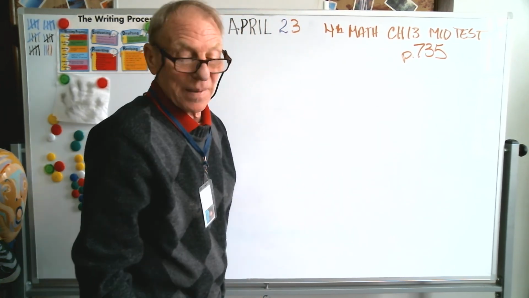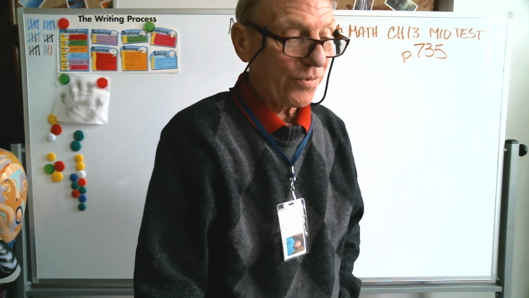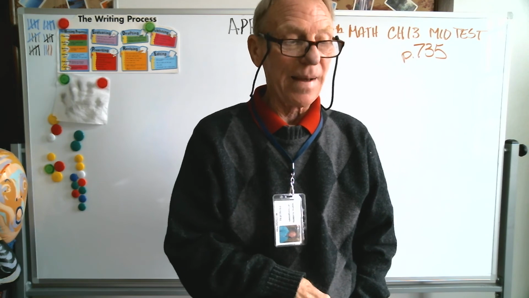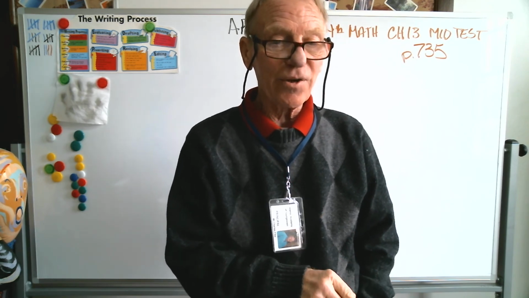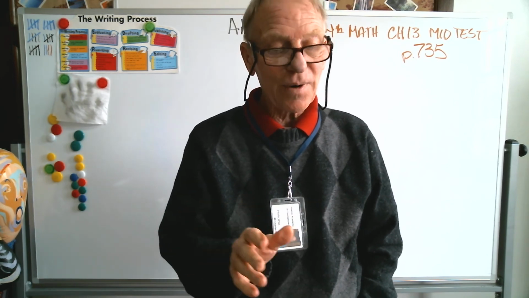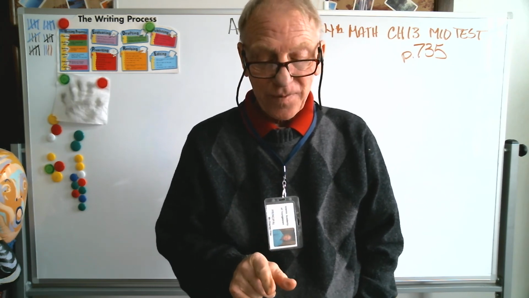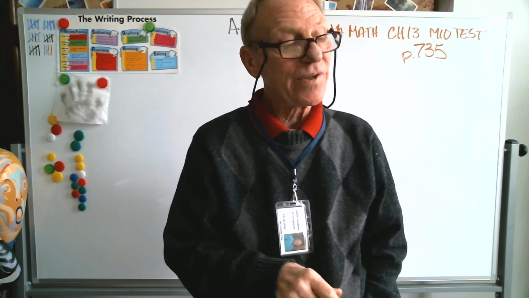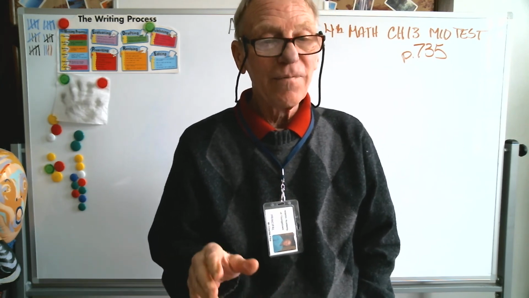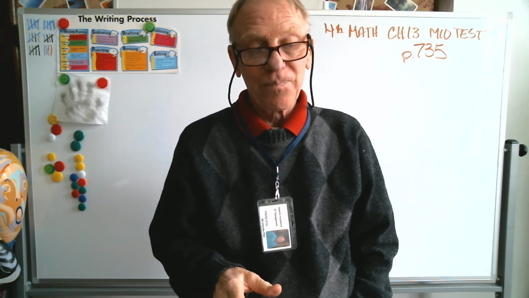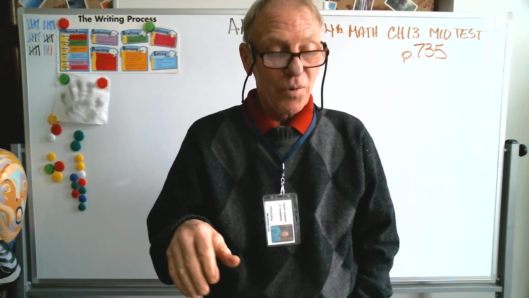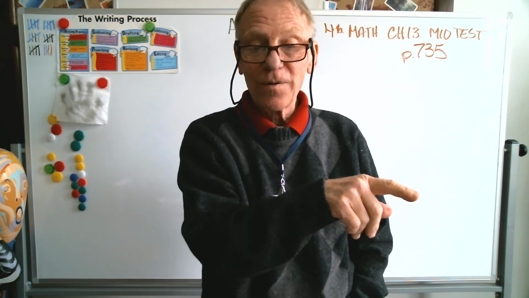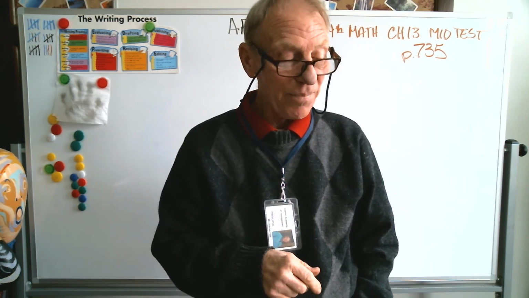challenge yourself a little bit, work through this, and just to let you know, this is real world math. This is stuff you're going to use. You may not believe it right now, but I guarantee you that somewhere in your life, you're going to need to figure out the perimeter of something or the area of something. You may want to put a border around a garden, and you need to know how much border to buy to go around that perimeter.